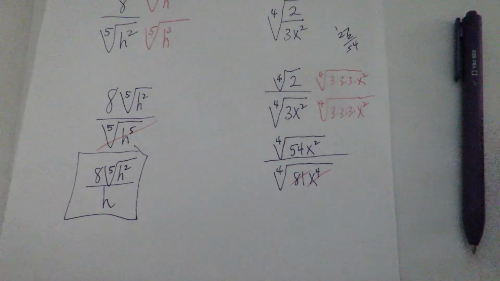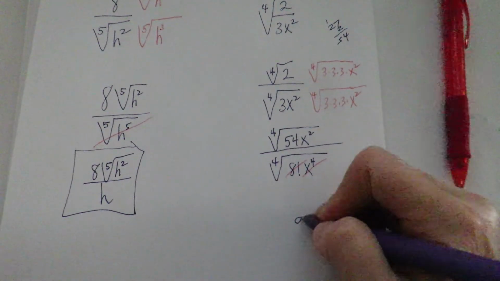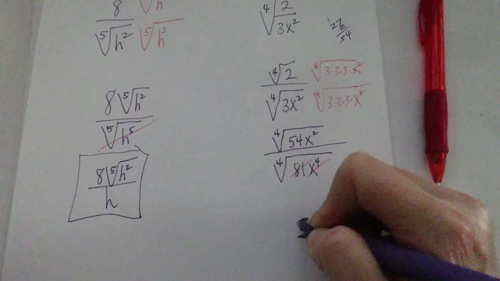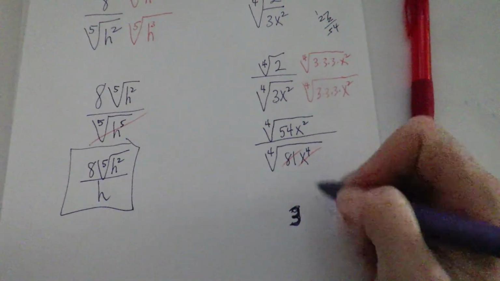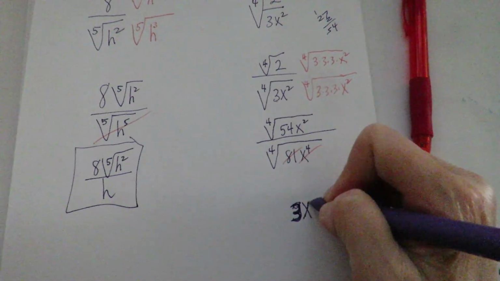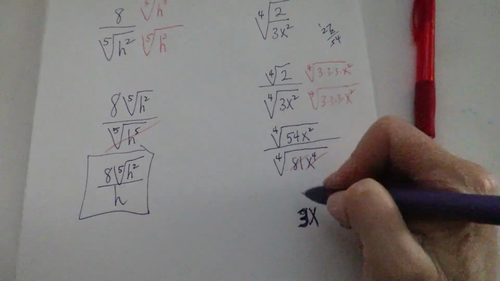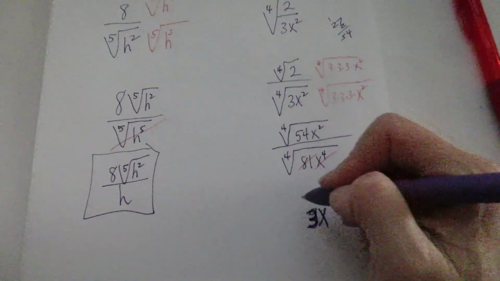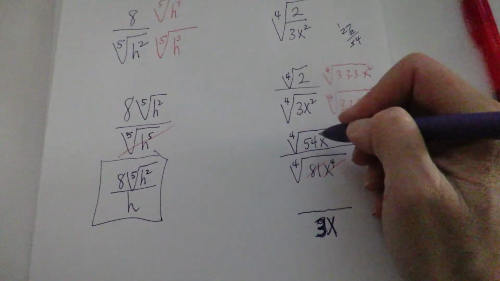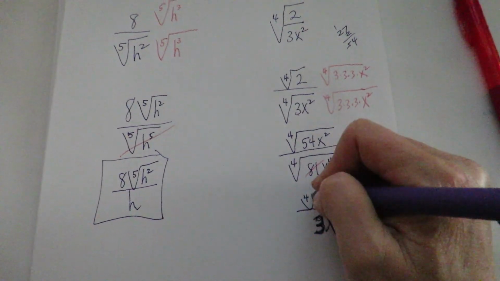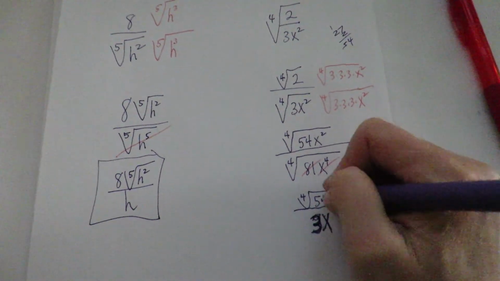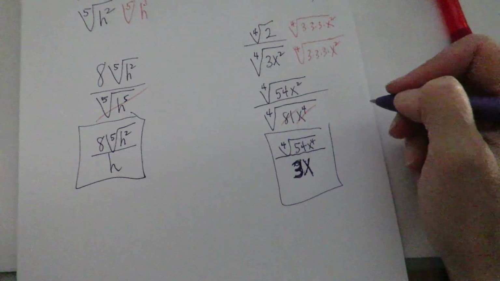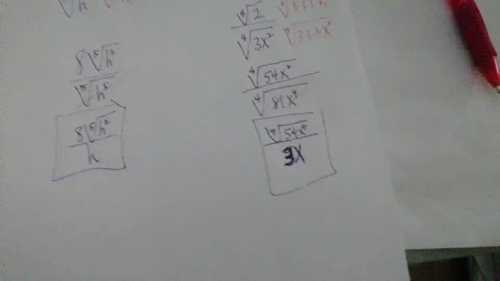And so now the 81 comes out as a 3, and the x to the 4th comes out as an x. You'll notice you'll do that too. Every now and then you'll take a square root when you're trying to take a 4th root. You'll get used to it. And then this all stays under. So this is 54x squared under the 4th root. Make sure you put the little 4 in the window.